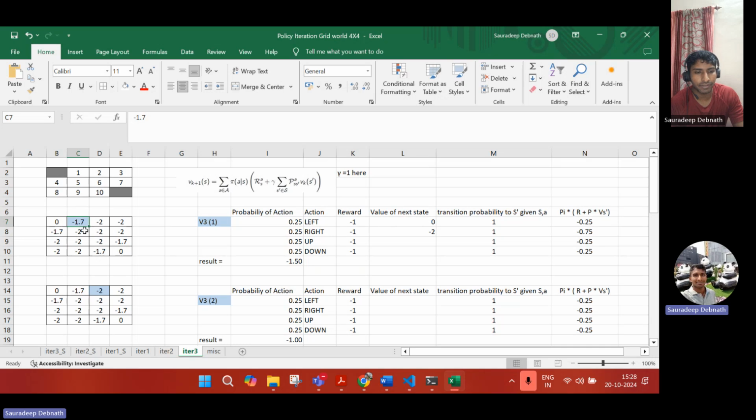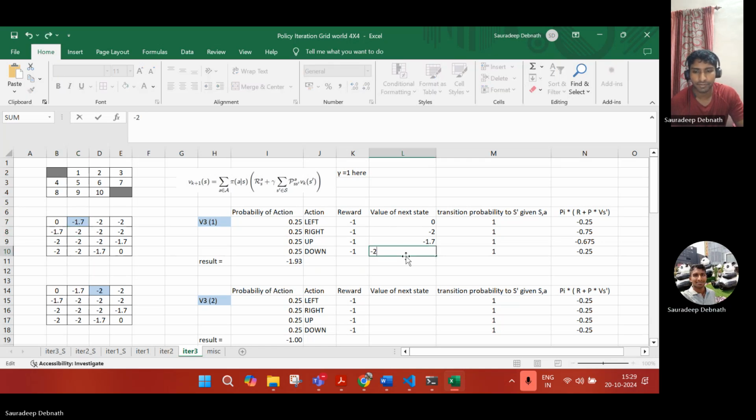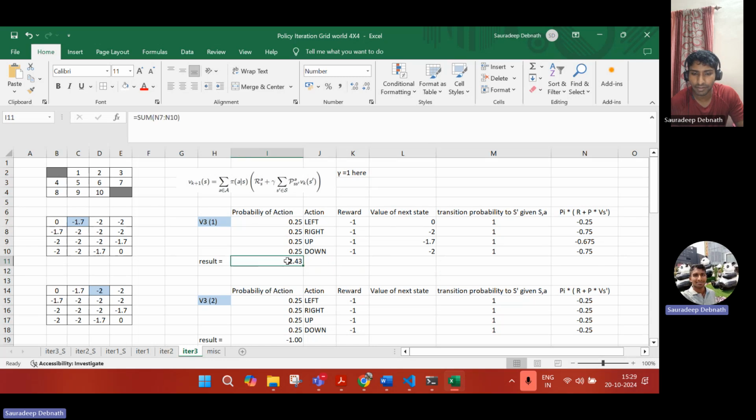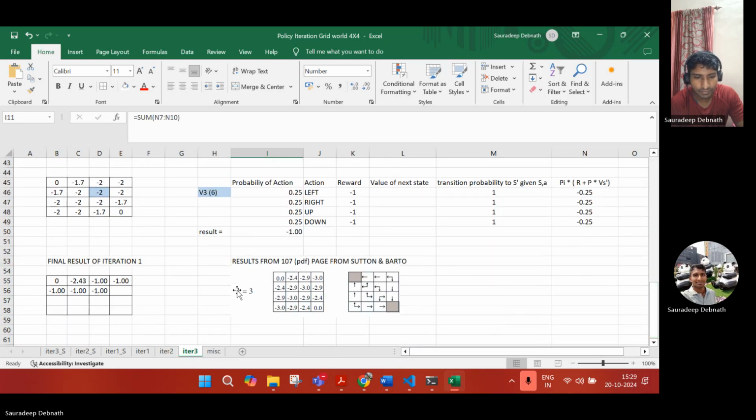If I go up, I'll remain where I am, which is the current state, with a value of -1.7. And if I go down, -2, right? And this is -2.43. Let's see if that matches. Yes, -2.4, -2.4.